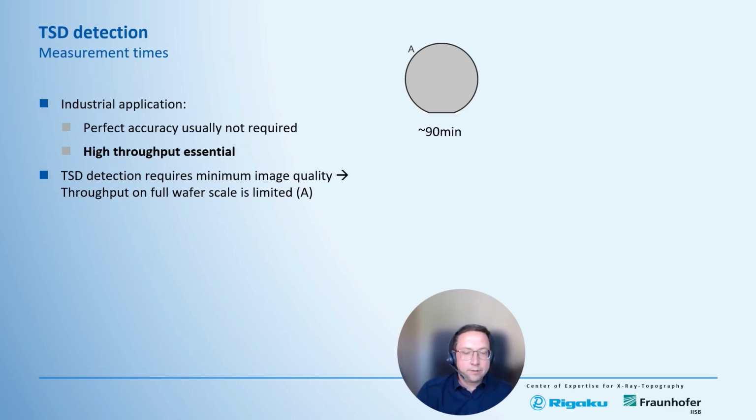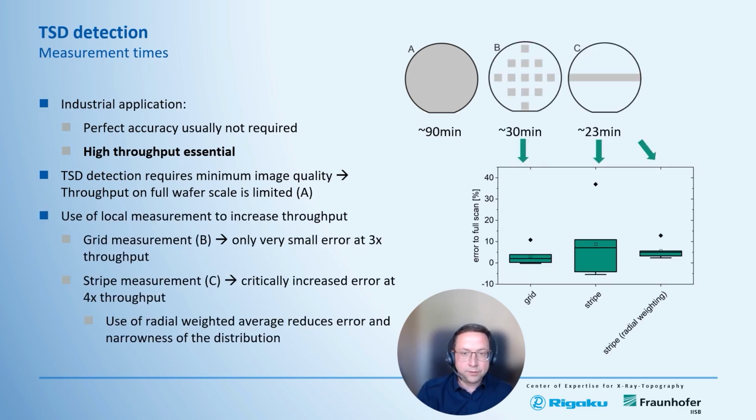Beside measurement accuracy and reproducibility, high throughput is essential if this kind of method will be applied to industry. So typically, a full wafer map takes about 90 minutes per wafer, but there are further approaches to reduce the measurement time.